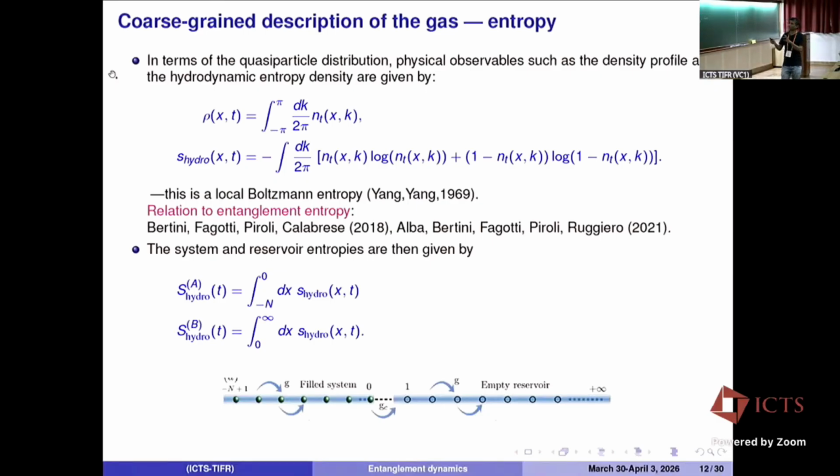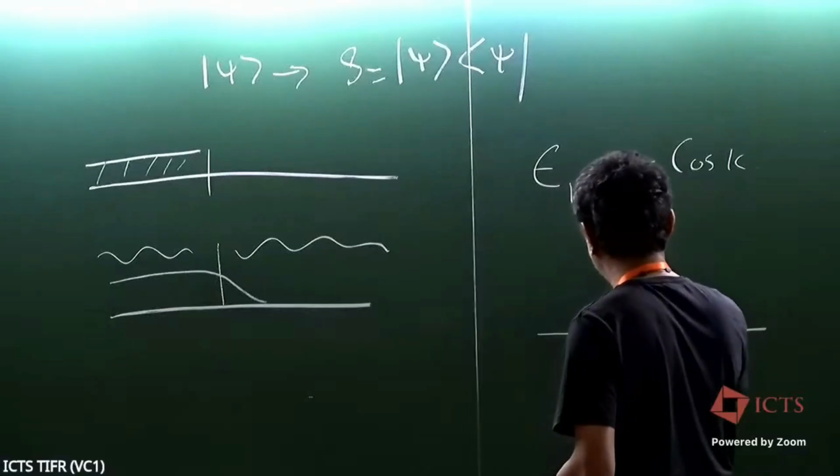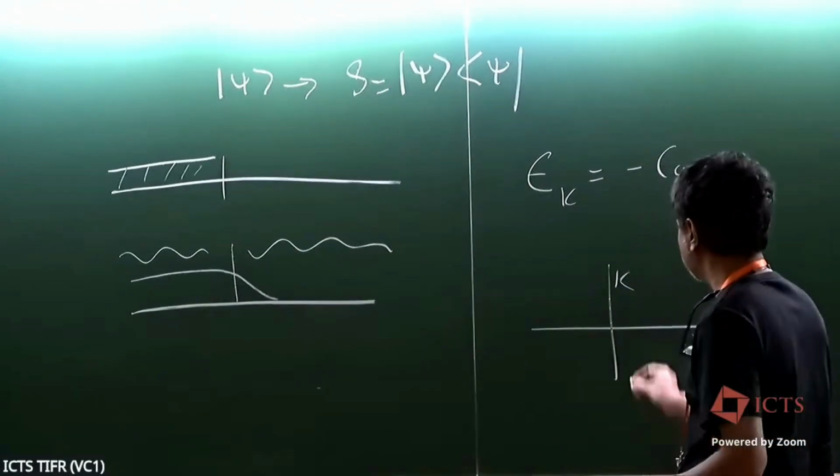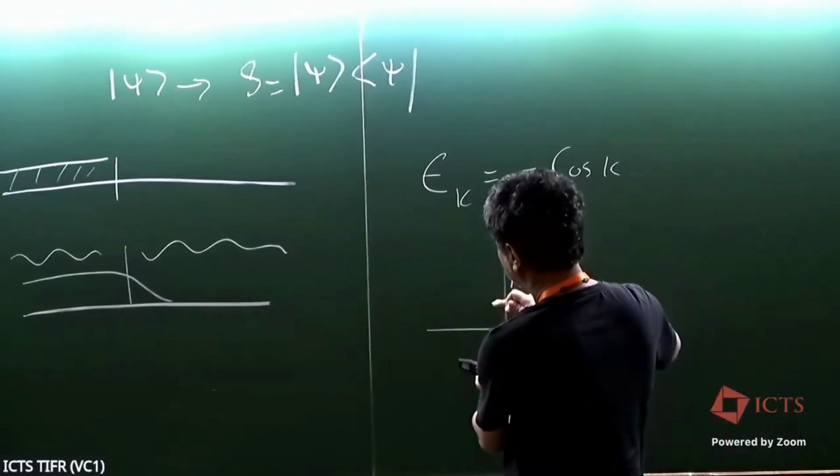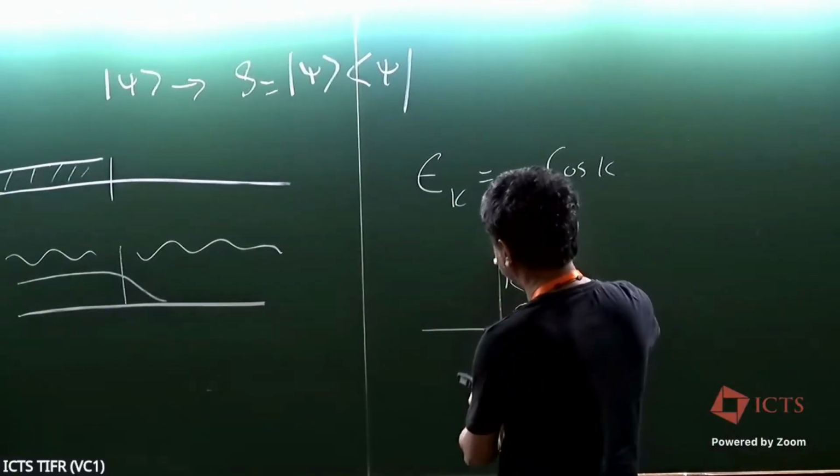The only thing we need to figure out is, given this initial condition, how does n evolve with time? In phase space, let's say this is k and this is x, and this is the origin. Initially the momentum is completely filled from, let's say, 0 to pi.